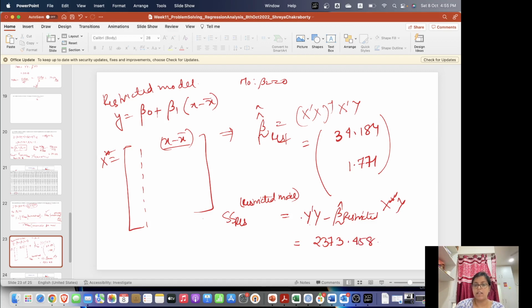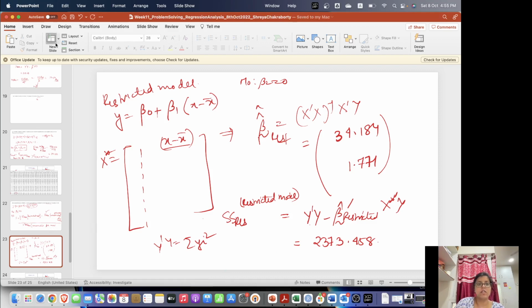This is y prime y, which is nothing but the summation yi square, and we have beta prime x star prime y, and this would give us this thing. So then it becomes fairly simple.